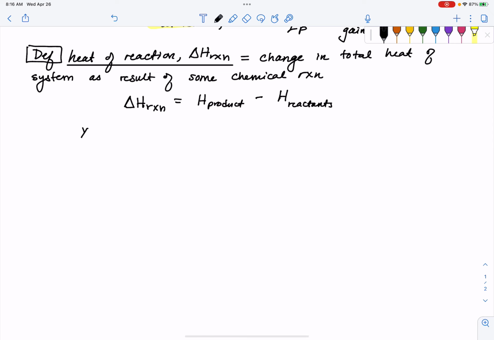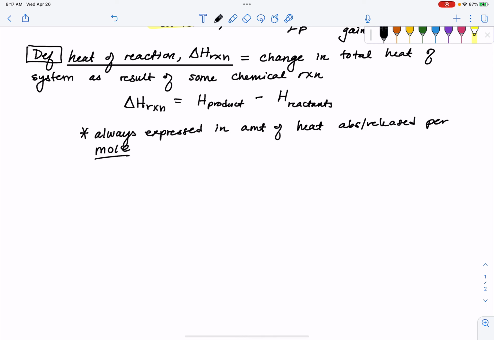And when we're talking about the heat of reaction, the thing that makes it distinct from a normal enthalpy calculation is this is always expressed in the amount of heat that is either absorbed or released per mole of either reactant, but typically more often it's per mole of product.